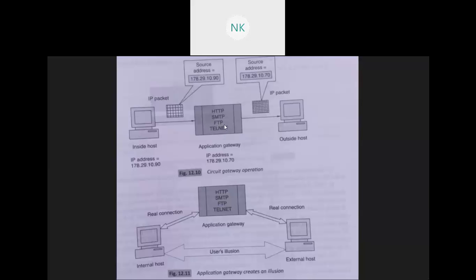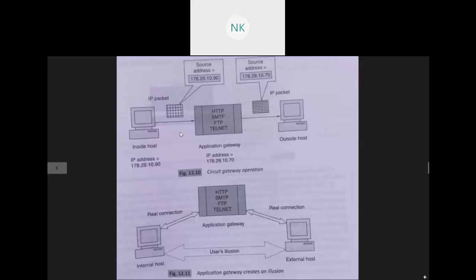Second point is that the application gateway asks the user for an ID and password, which is required to access the service of the application gateway.